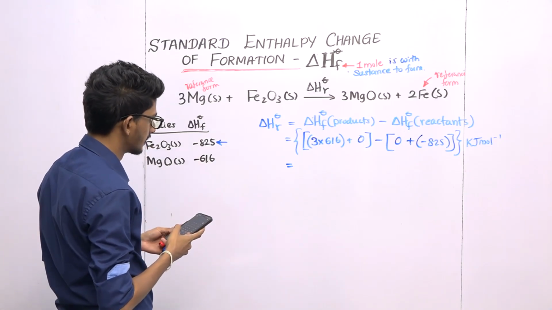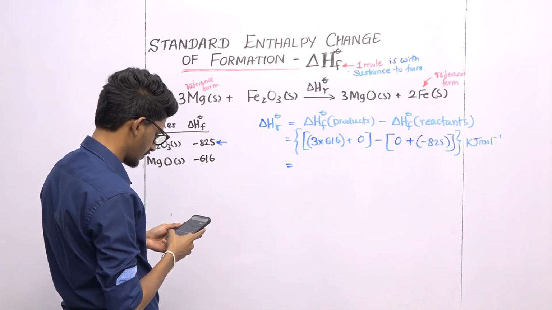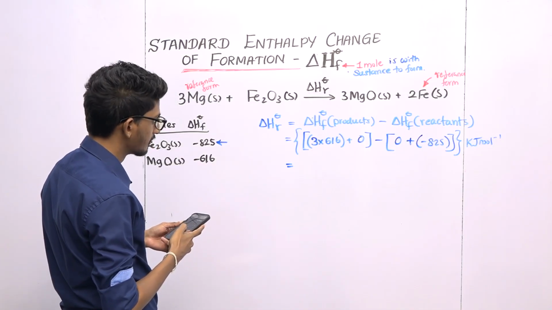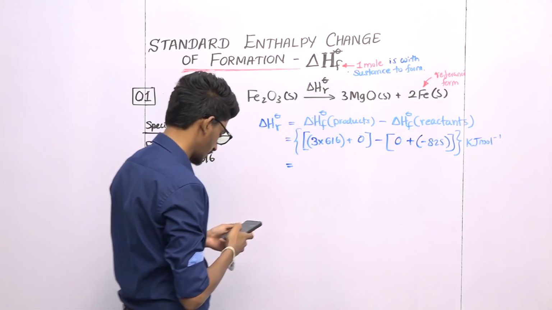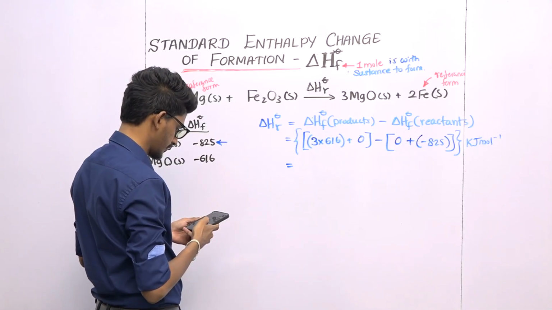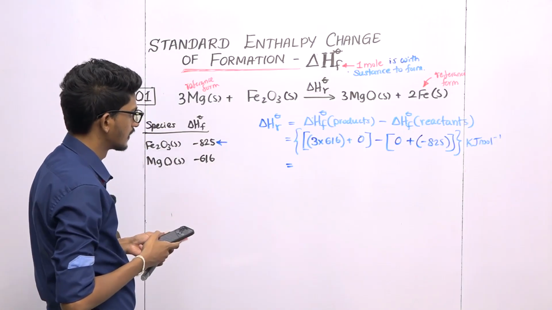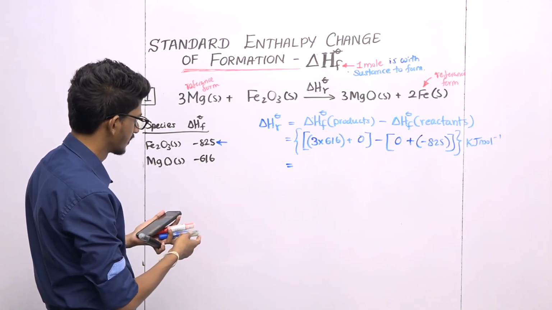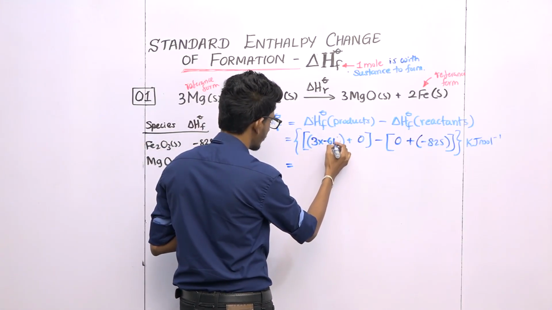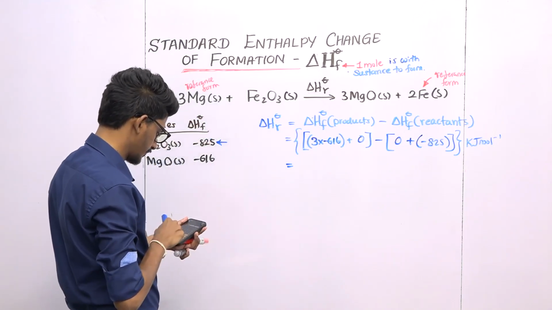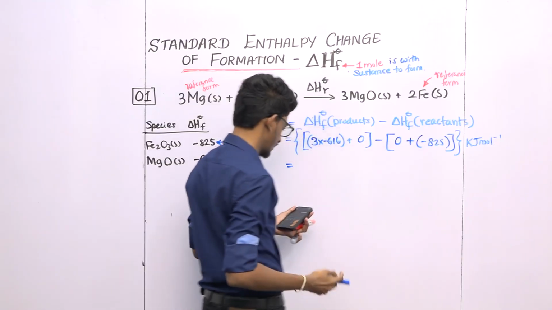It is 3 into minus 616, and then minus minus 825 becomes plus 825. Sorry, 616 is a minus value, so this is a minus value and this is a plus value, minus plus.